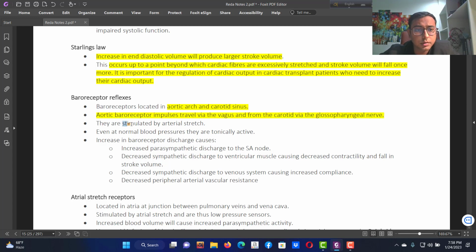They are stimulated by arterial stretch. Okay. When the artery is stretched, the baroreceptor is stimulated, and in that case pressure is high. Our nervous system senses that pressure is high, so the baroreceptor is stimulated and pressure comes down. Even at normal pressure, they are tonically active.